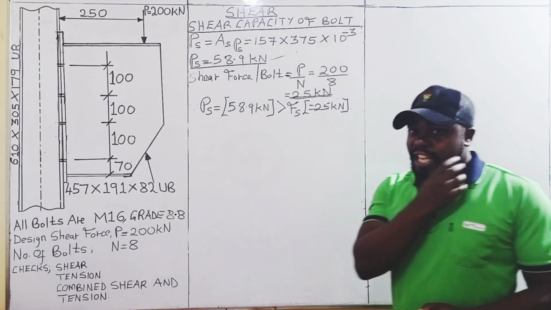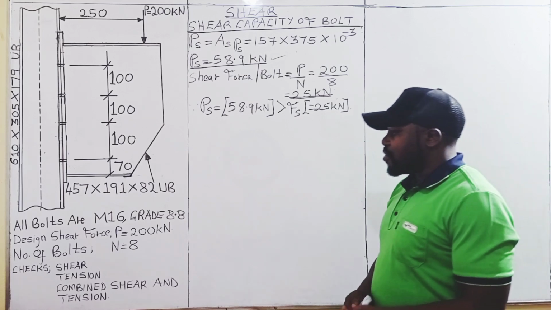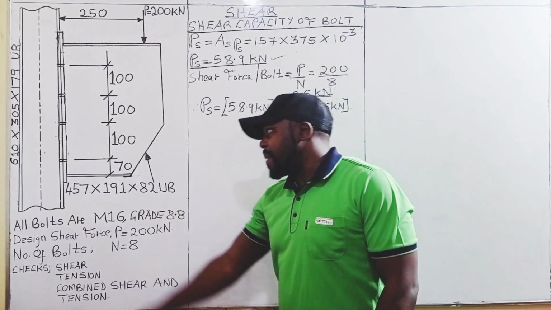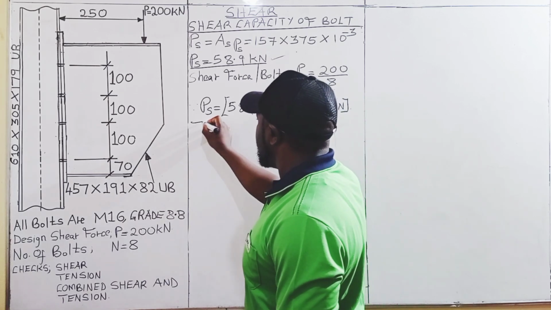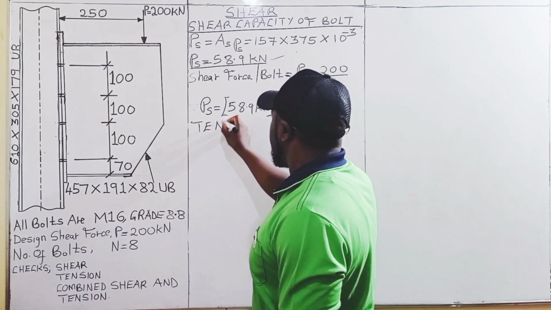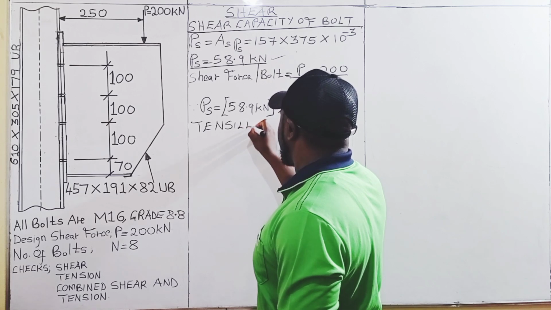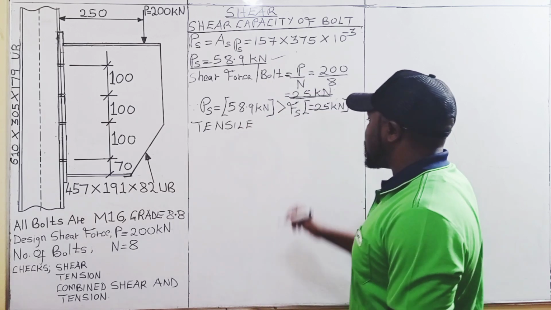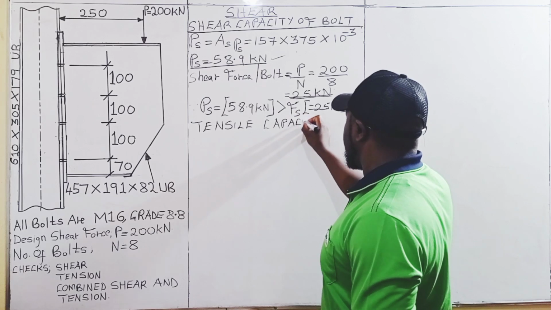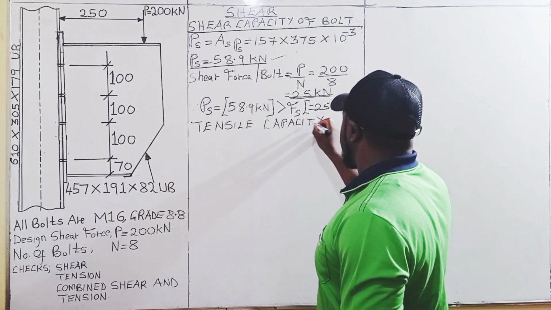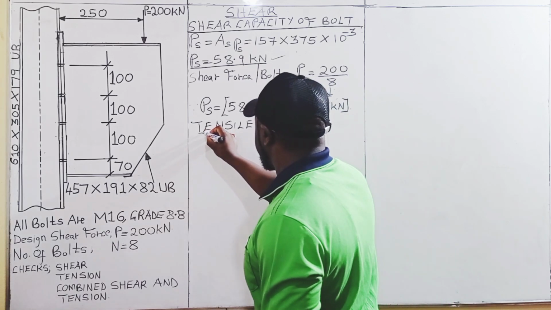After checking shear, we are now going to check tension, and under this we are going to calculate the tensile capacity of the bolts.